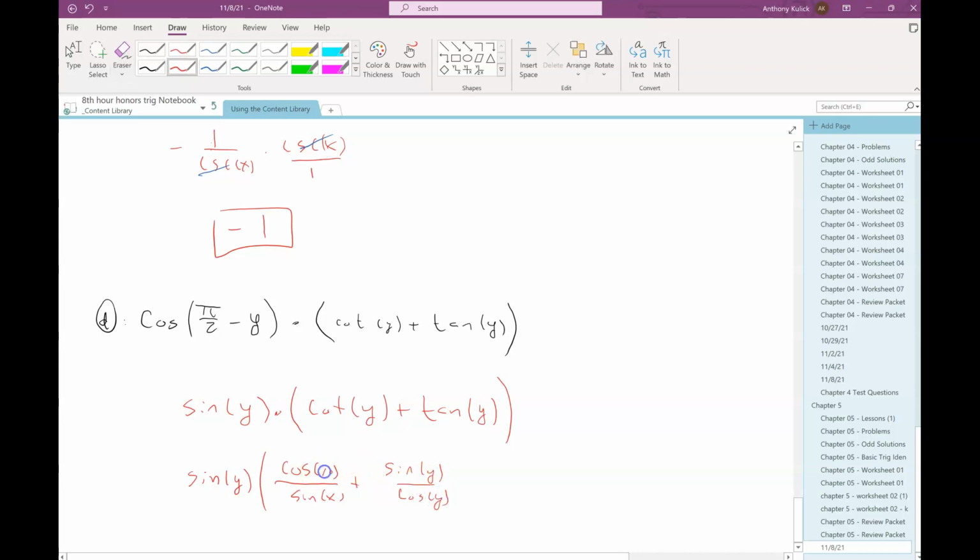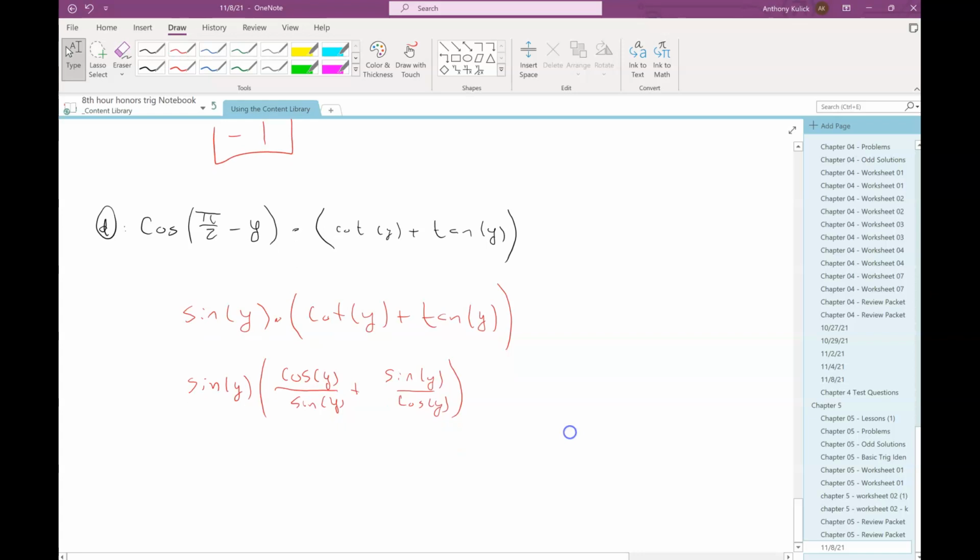Those are supposed to be y's. That's not a bad thing to do if you're not sure what to do anymore. Try writing everything in terms of sine and cosine and then just doing some algebra.